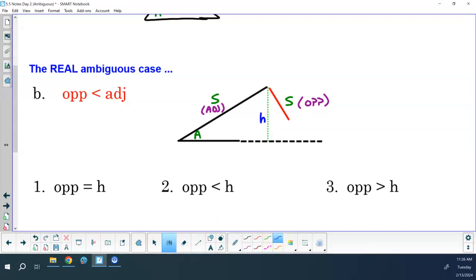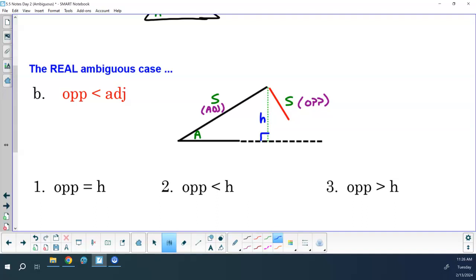Okay? The reason that you have to find the height of said triangle, so if we drop a height, heights are perpendicular to the other side. Now what have I formed? A right triangle.